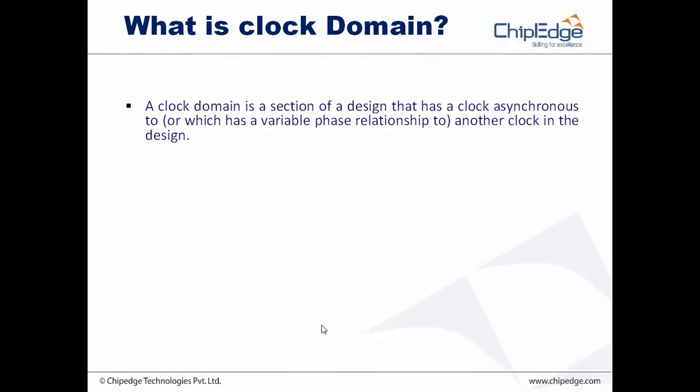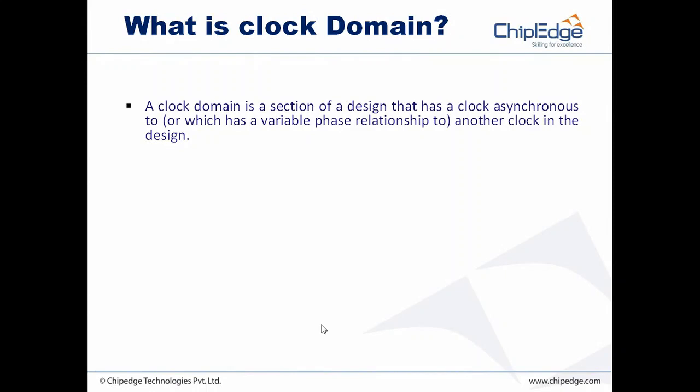The clocks can be the same frequency also, but there is a variable phase difference. There is no fixed phase relation between these two clocks even though they are the same frequency, so those two are treated as asynchronous clocks.